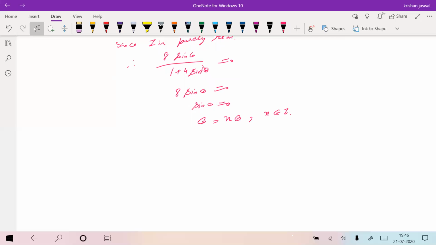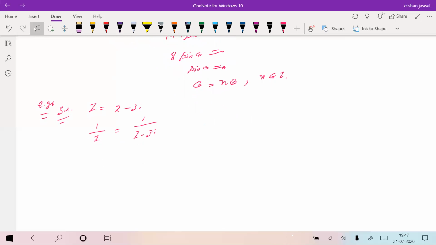Example number 6. Find the multiplicative inverse of 2 minus 3 iota. We have a complex number z equal to 2 minus 3 iota. Now its multiplicative inverse is 1 over z, which is 1 over (2 minus 3 iota). Multiply by (2 plus 3 iota) over (2 plus 3 iota).